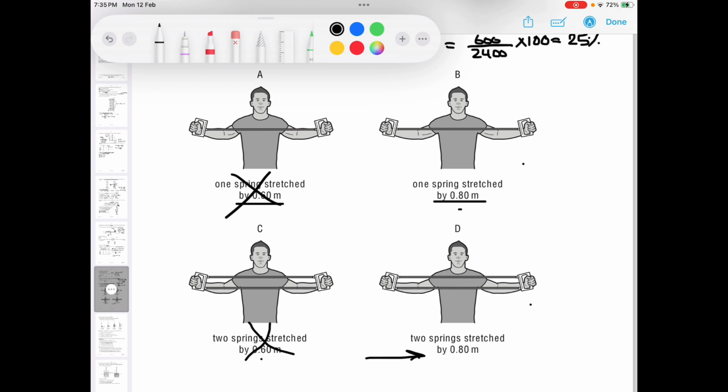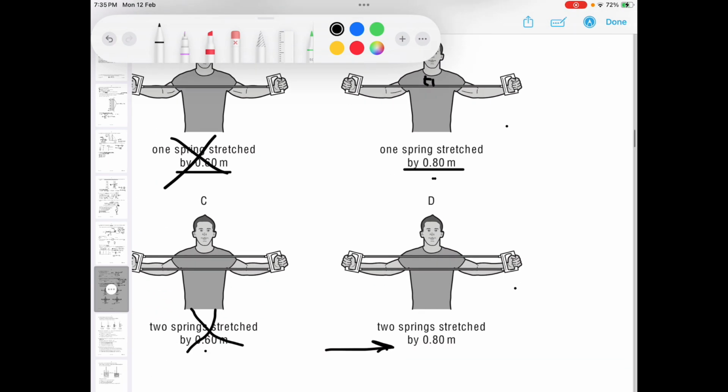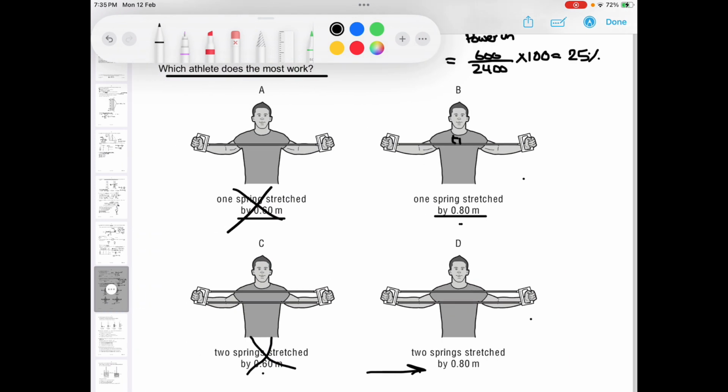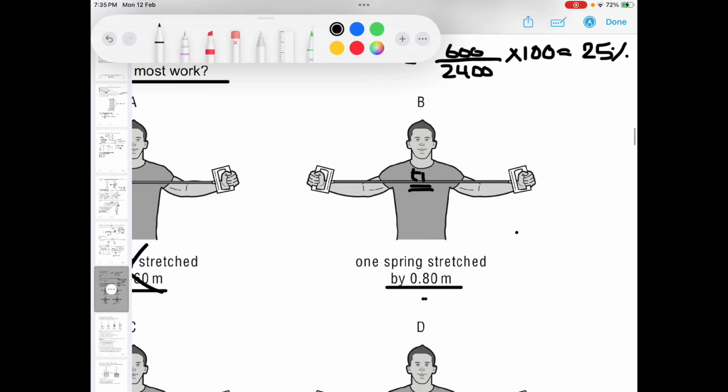Which person is doing more work? Here, let's name the force in the spring T1. This one needed to only do work against this T1.